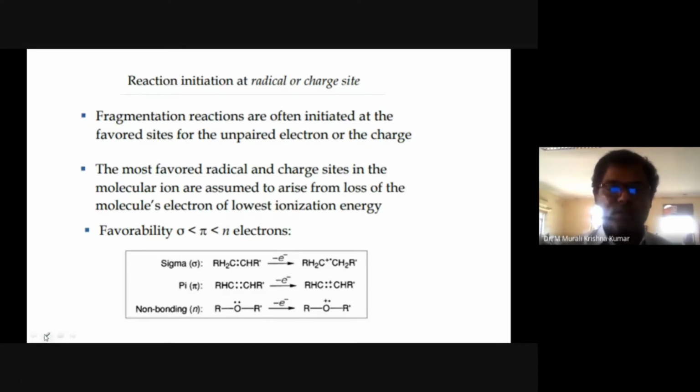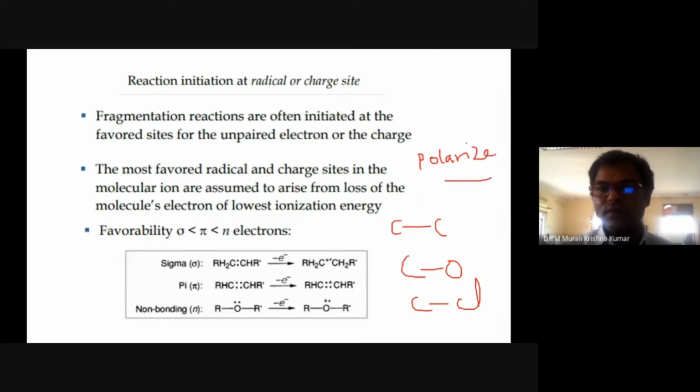Even in case of sigma, C single bond C, C single bond O, or C single bond Cl, the most preferred are the highly polarized bonds; the bonding electrons present in highly polarized bonds are preferred over non-polarized bonds.